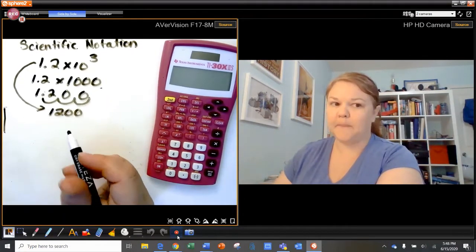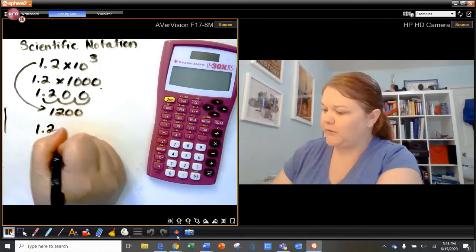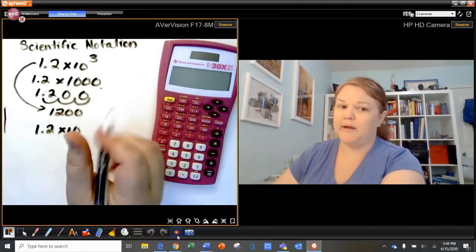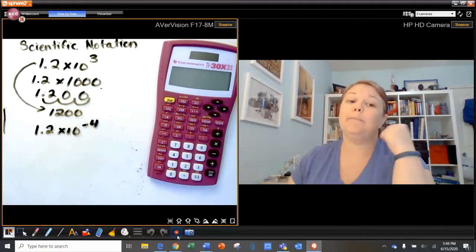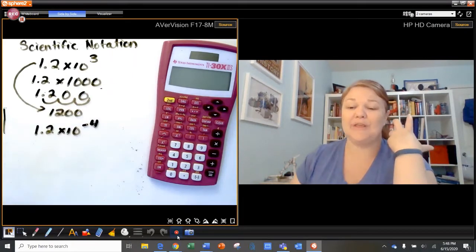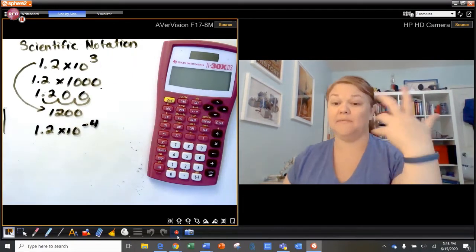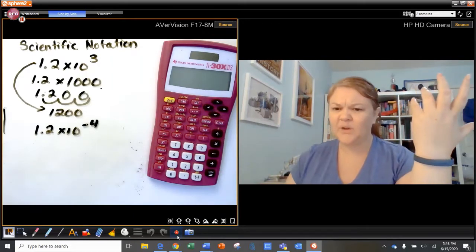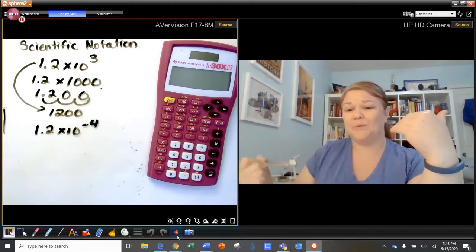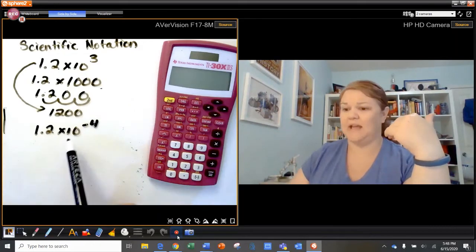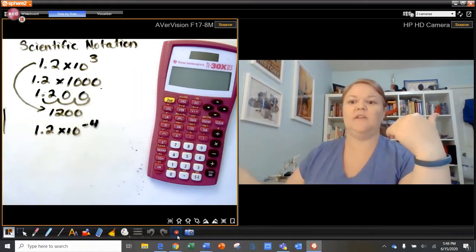All right, so let's say that we took this same 1.2 and multiplied it by 10 to the negative 4th power. Well, a positive power, 10 to the 3rd, means it's 10 times 10 times 10. If we're raising it to a negative power, that really means we're dividing. So it's like 10 divided by 10 divided by 10 divided by 10.